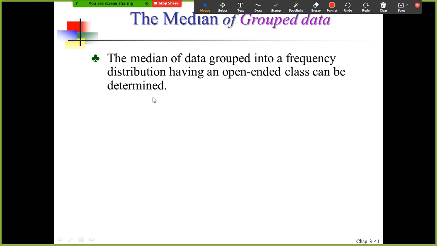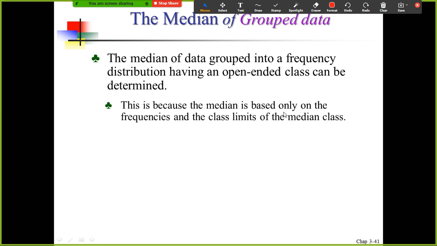Even if our data set has some largest or smallest value, we still can find the median. The median is exactly the middle. Likewise, with a frequency distribution with open classes, we still find the median, because the median is based on only the frequency and the class limits of the median class. That's why you need to find the median class first. When you find the median class, you can find everything based on our formula.